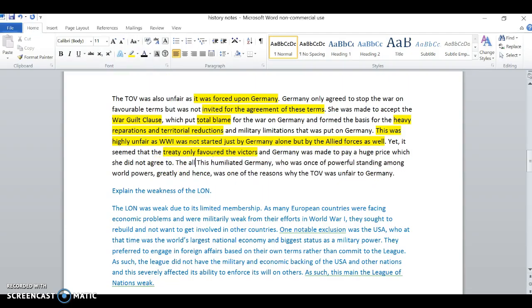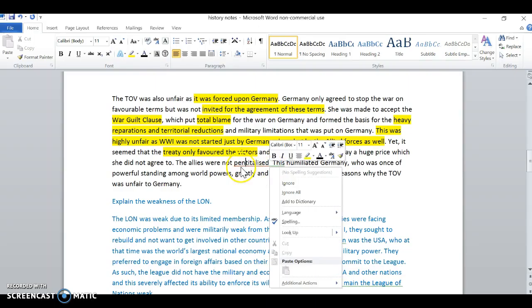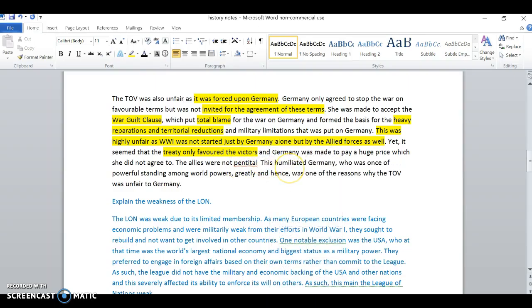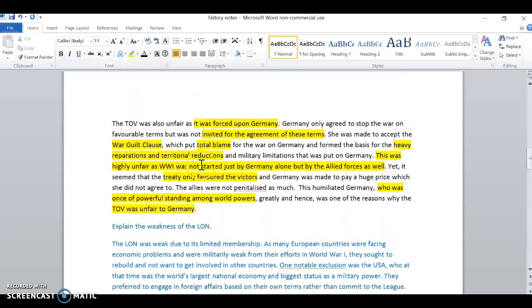The Allies were not penalized as much. This humiliated Germany. Remember, there's a status, a world standing, and because of this they lost their status, making it unfair for Germany. So everything is very clear, cause and effect.